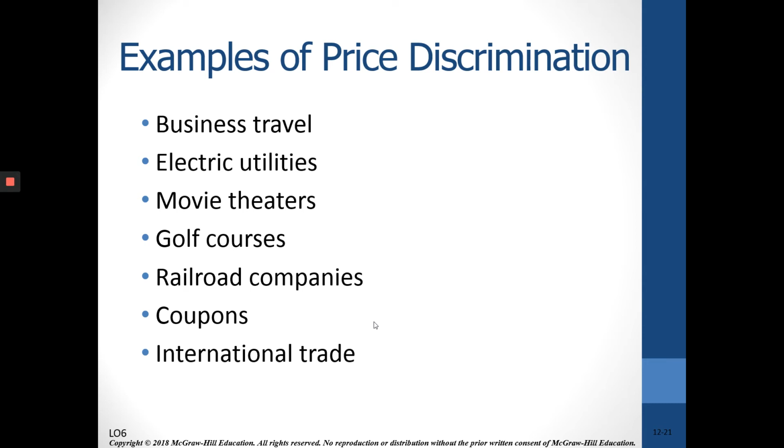Railroad companies charge less for bulk items and more for items that can't really be shipped in bulk or that are more valuable. Couponing, this sounds almost silly, but those who are willing to seek out coupons, clip coupons, if you will, have a more elastic demand. They're not willing to pay as high of a price.